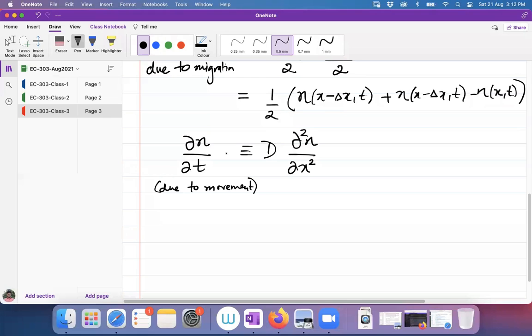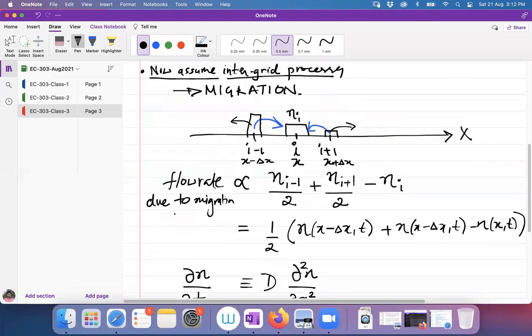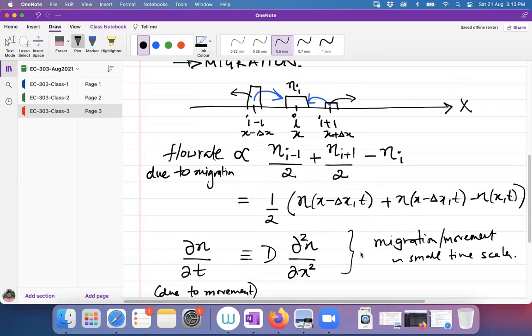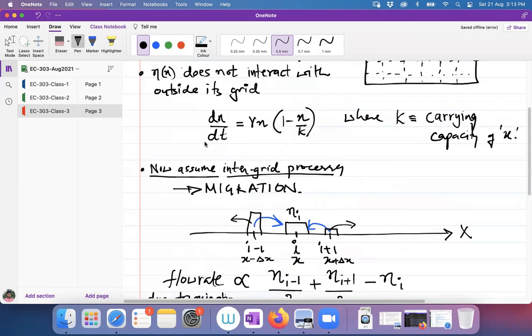Okay. So now here is the fascinating thing, right? The migration was happening. Remember the time scales. These are all small: migration or movement, which are small time scales. If it continues across lifetime, what we have here is a cross generational time scale equation.